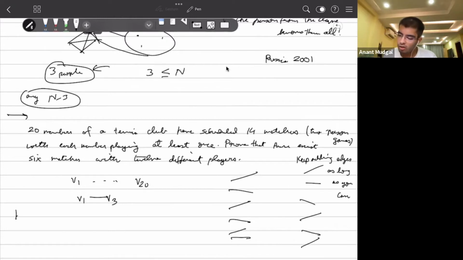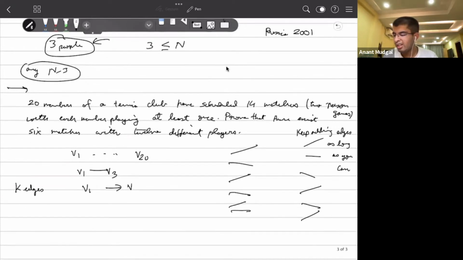So let's say you are able to draw k edges. You have V1 to Vk, and V(k+1) to V2k, and I'll just give them some names. Let's say these are the k edges you're able to draw, and you can't draw any more edges.